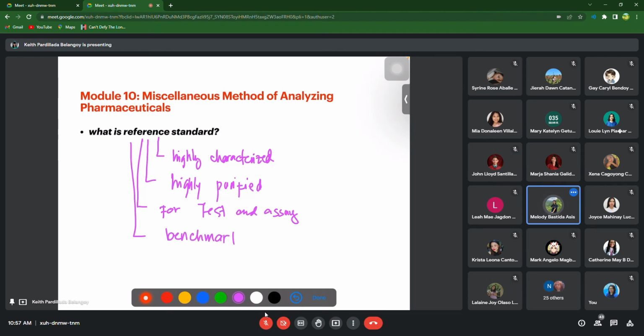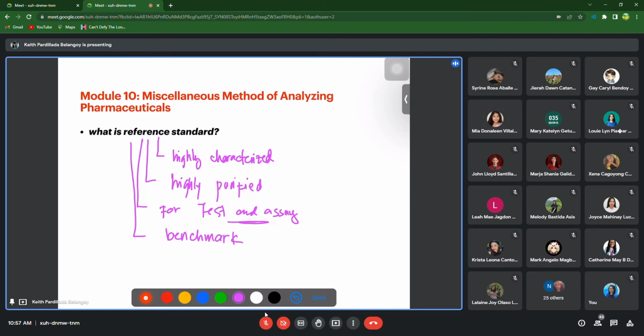They are also used to determine quantitative data such as assay and impurity, qualitative data such as identification tests, and calibration such as melting point standards. Therefore, the quality and purity of reference standards are crucial to achieve scientifically valid results. Very good.